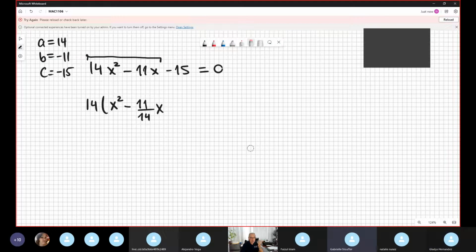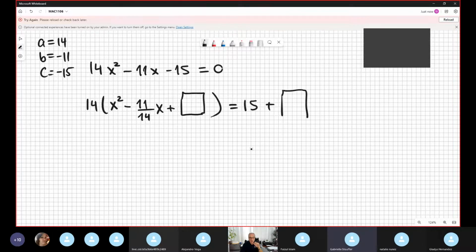Yes. Yes. But I include a new box because it's the magic number that allows me to complete the square. On the right-hand side, well, it's easy. I always move 15 to the other side, in this case positive 15, plus another box. Okay, this box helps me keep the equilibrium of the equation.